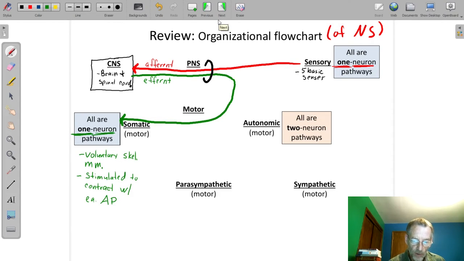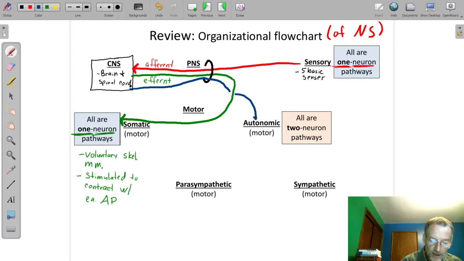Other motor outputs are not voluntary somatic. They are autonomic. So maybe I'll do blue here. Cross over the green and go to the autonomic.